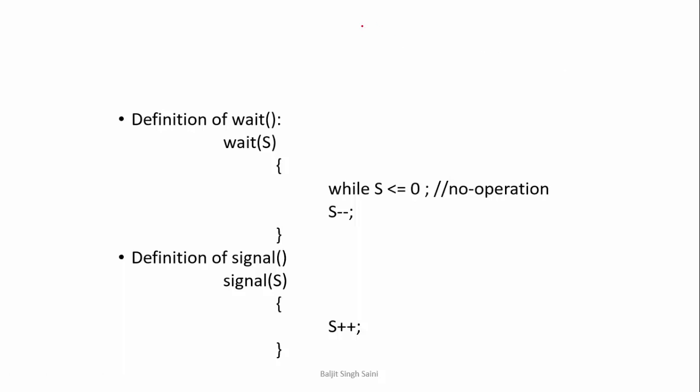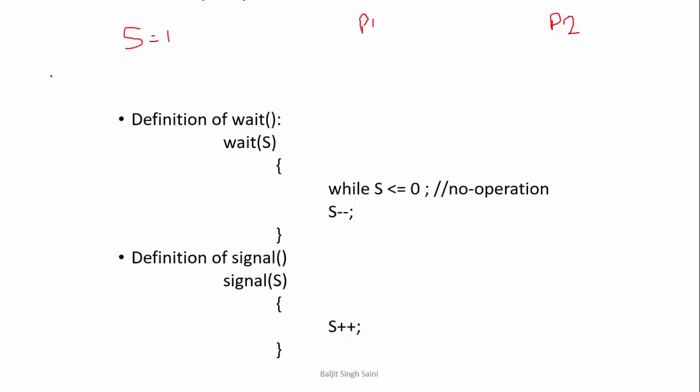Suppose there are two processes, P1 and P2. Now initially the value of the variable semaphore will be 1. So 1 means that there is no process in the critical section. This means that the resource is free to be occupied.